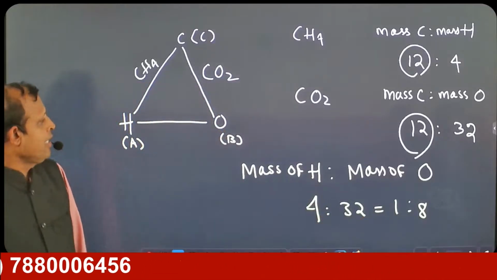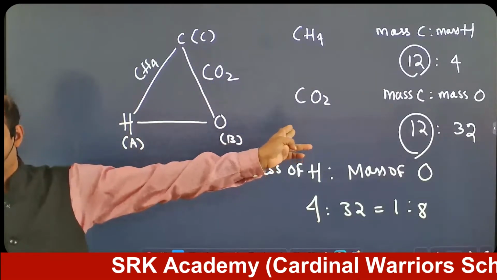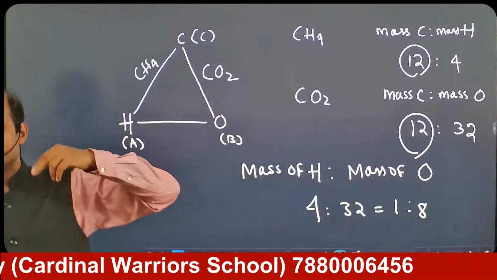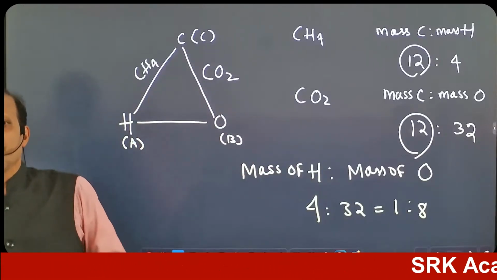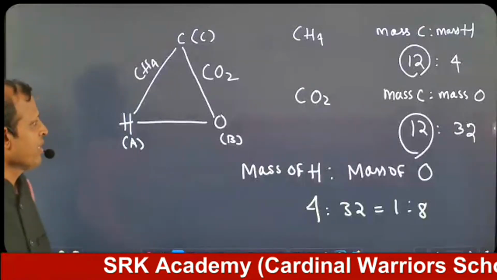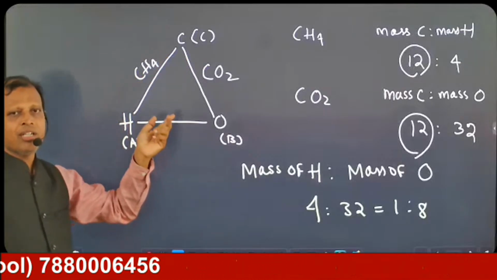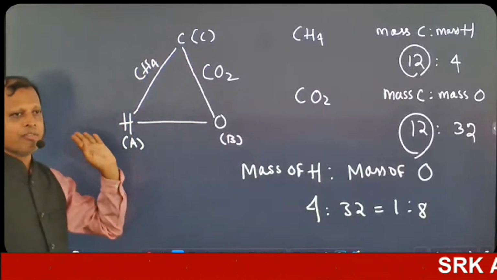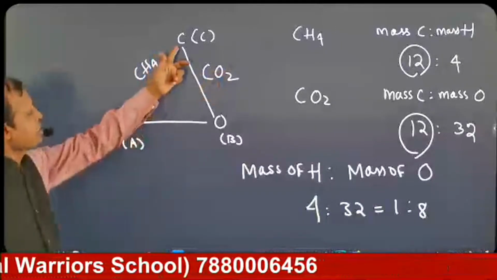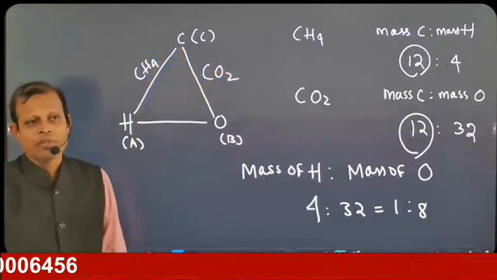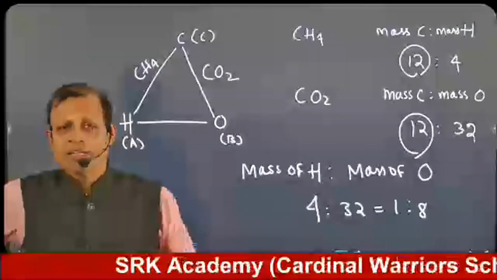Now the law states, one part of the law is this: the ratio in the masses of two elements A and B which separately combine with a fixed mass of a third element C. We have taken three elements: carbon, hydrogen and oxygen. Carbon combines in CH4 and in CO2, and we take the ratio of the mass of carbon to that of oxygen, 12 is to 32.